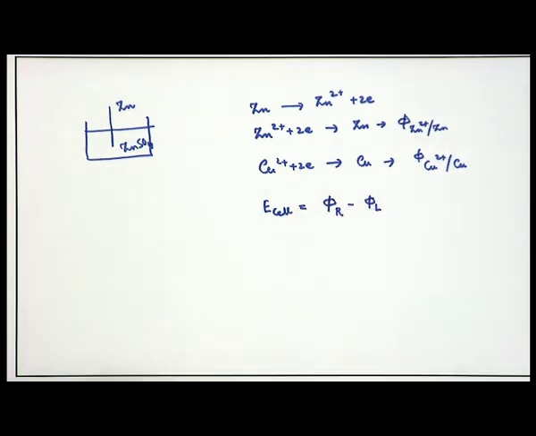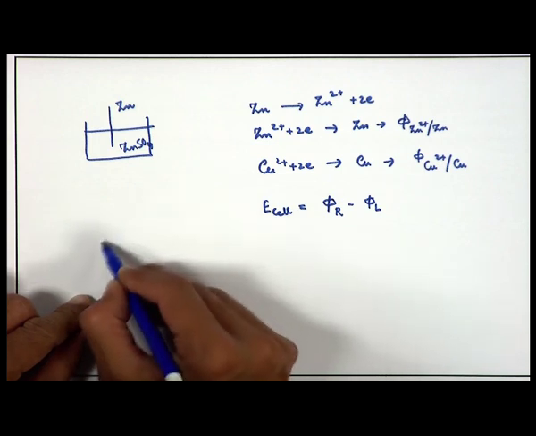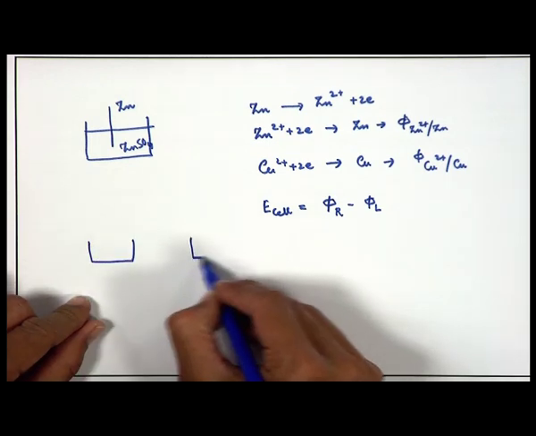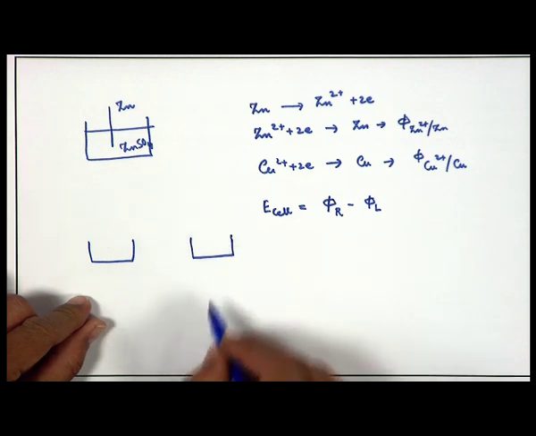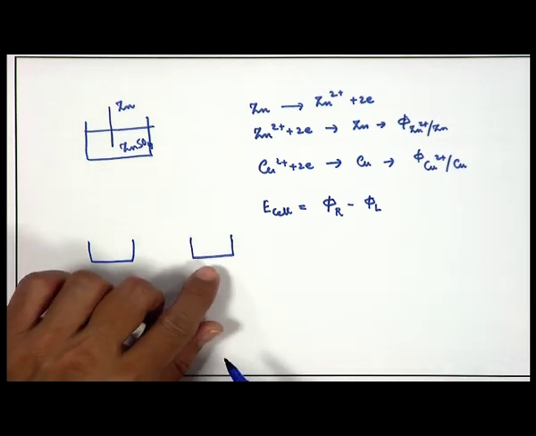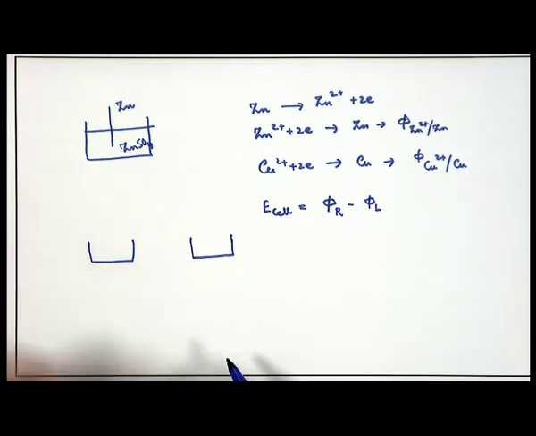What is phi right? Phi right means you have one cell, like this. Okay. So, place the electrode where this reduction is happening. Okay.